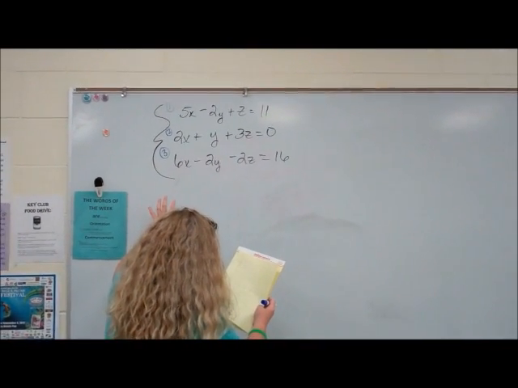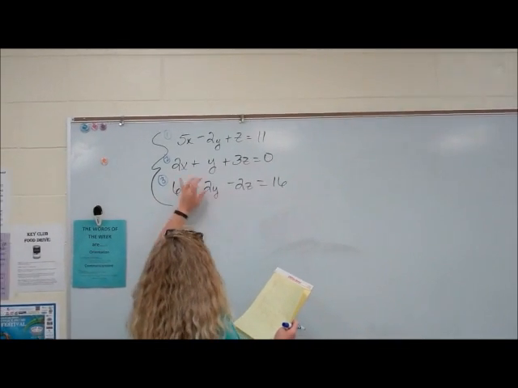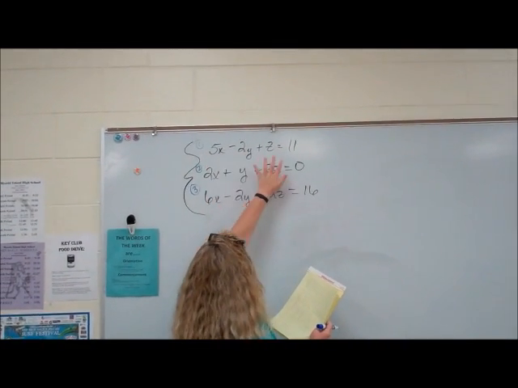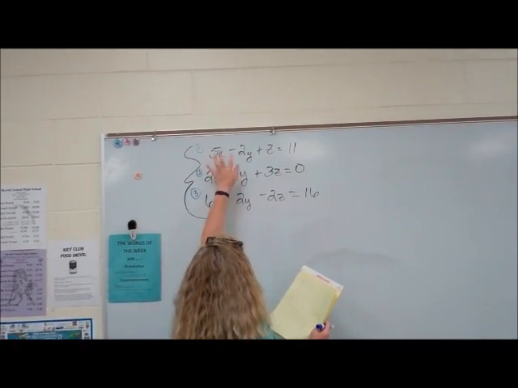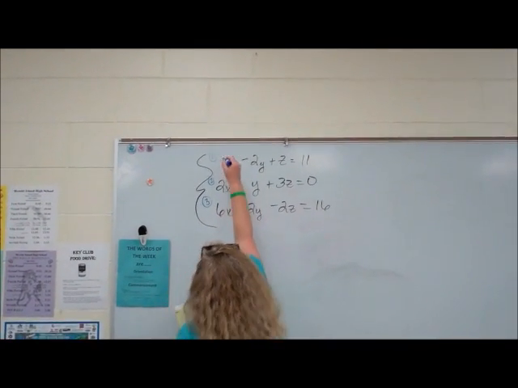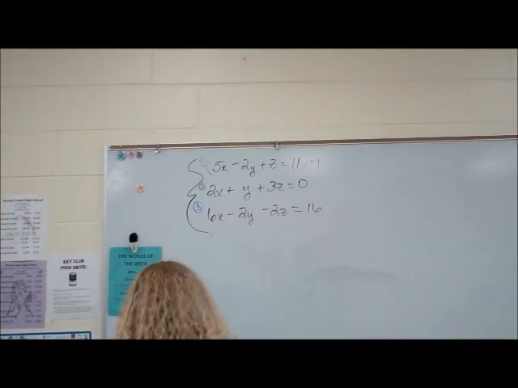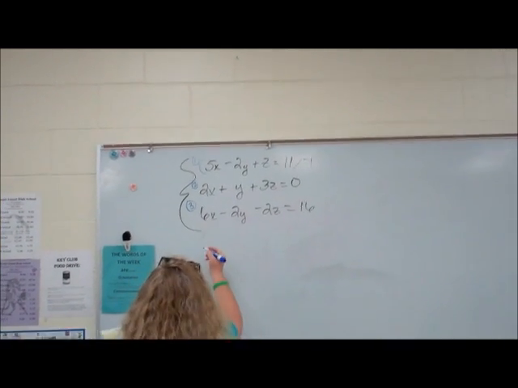But I do have a couple here where we can do one simple step to eliminate them. So if we take equation 1 and equation 3, I can multiply equation 1 by -1, and then we'll have additive inverses. So let's do that. We're going to multiply everything in equation 1 by -1.